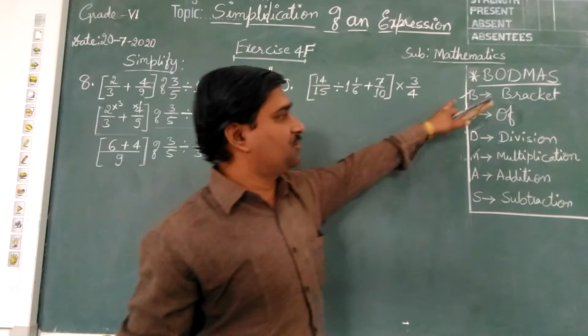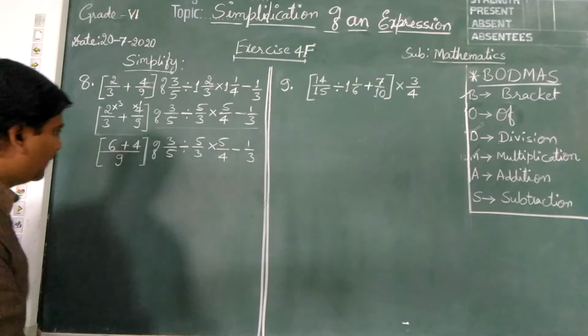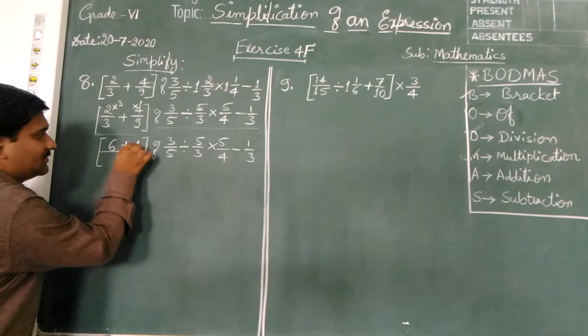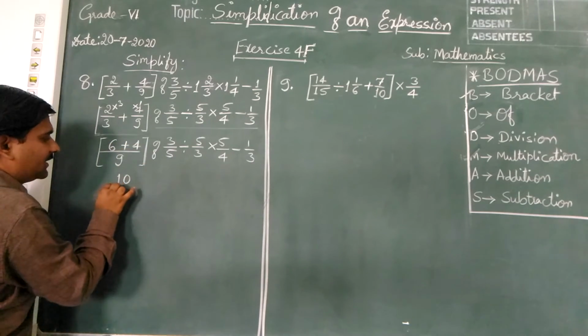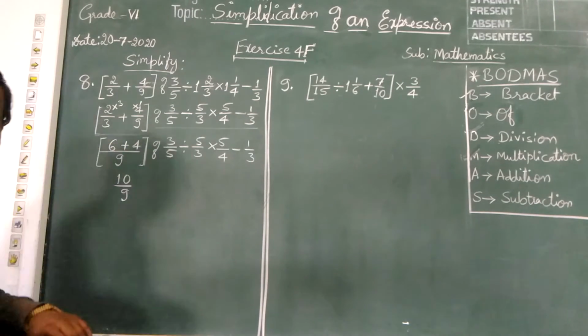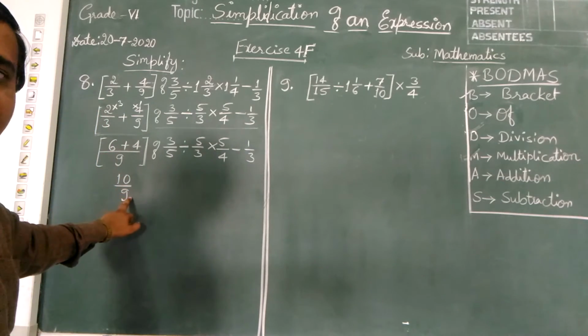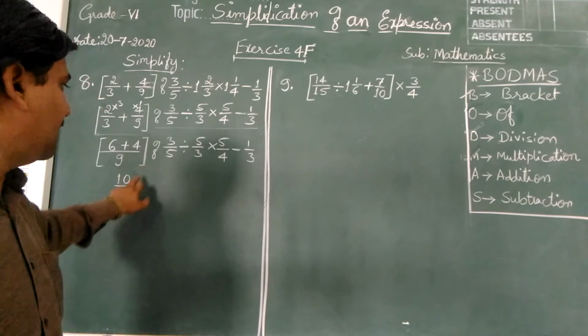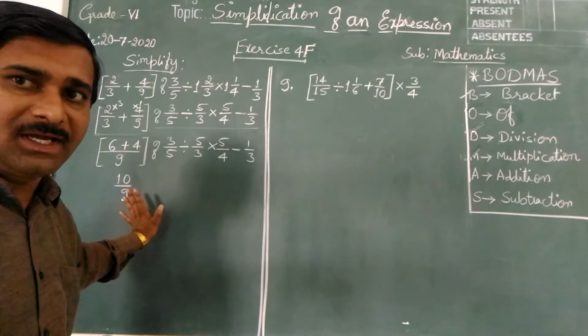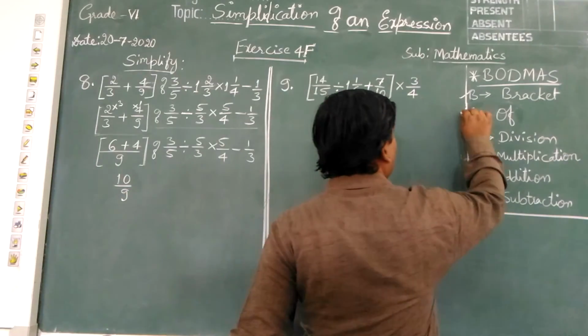Till now I am in the first operation only. Add: 6 plus 4, 10, 10 divided by 9. Now the bracket is simplified. Now let us go to the second operation.